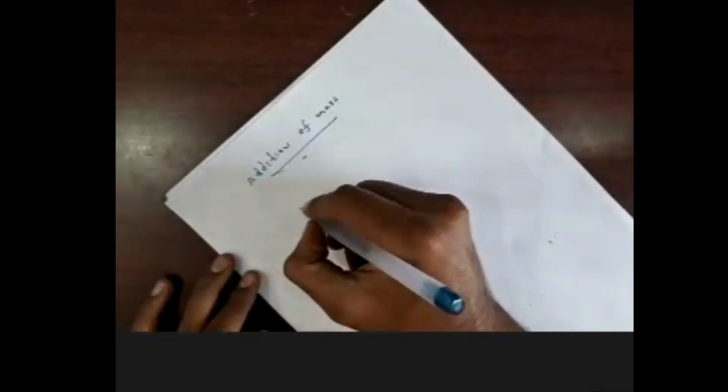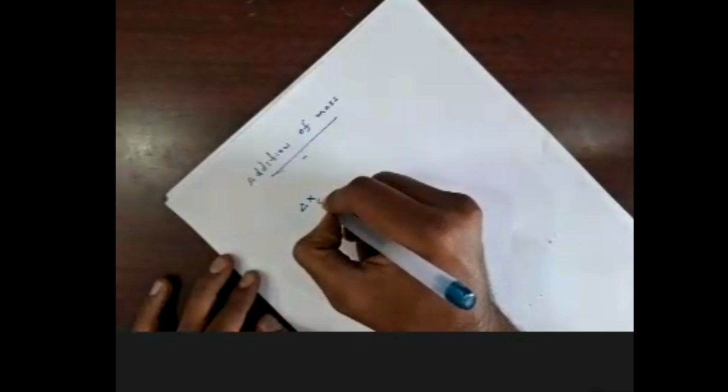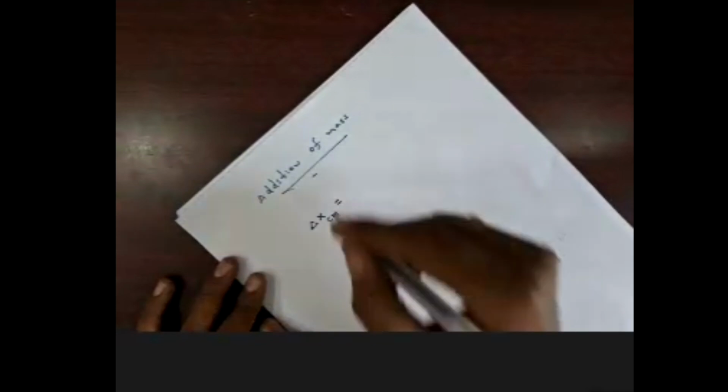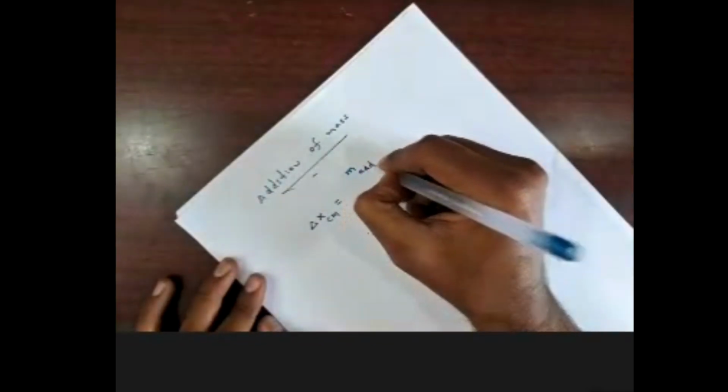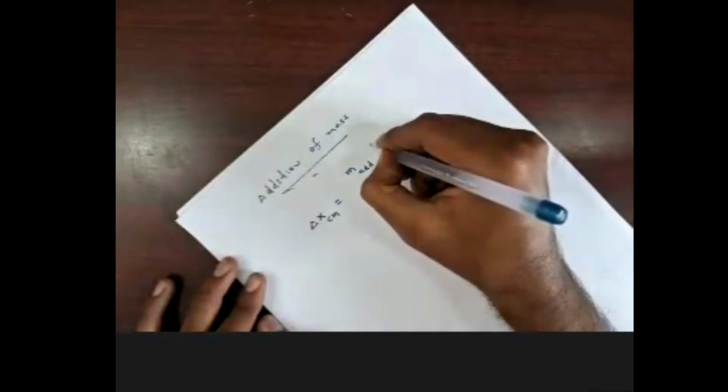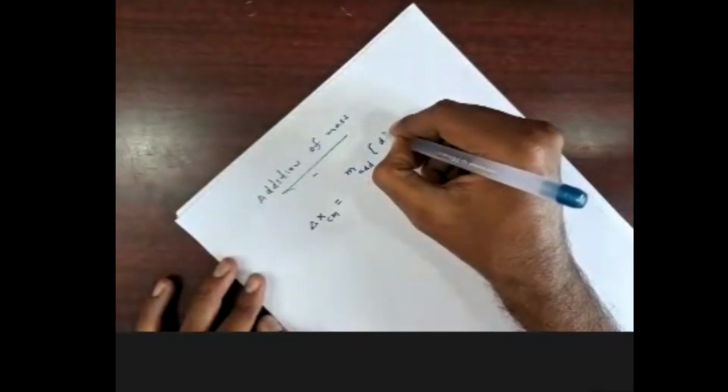In any case, some mass can be added. Immediately we take that the shift in the center of mass, delta x cm, is equal to m added into the distance between the two center of masses. What about the two center of masses? I will discuss with you later. Just try to understand the formula at first.